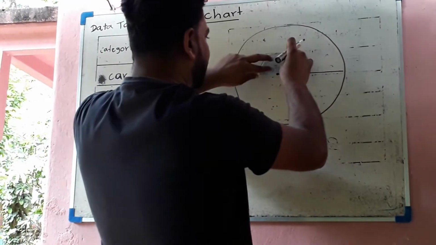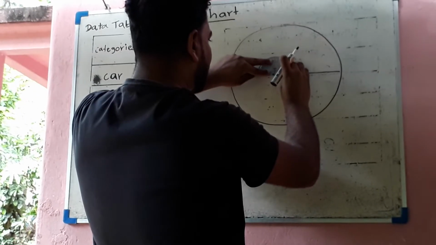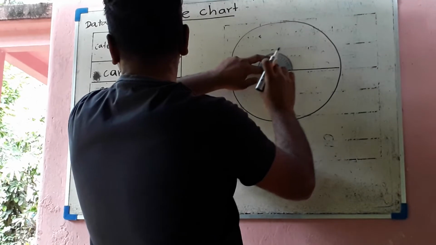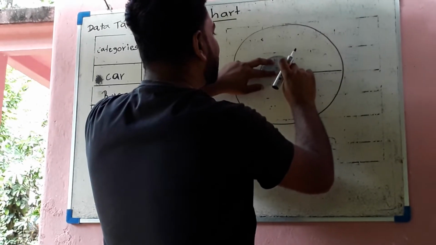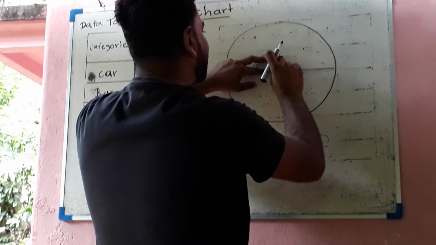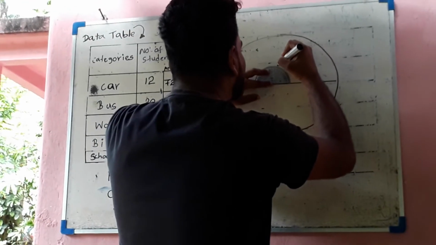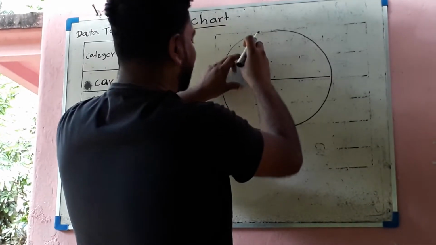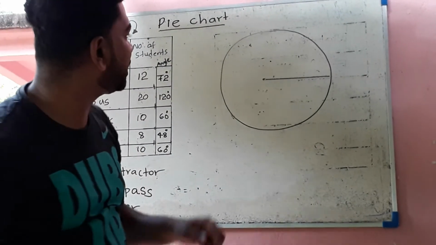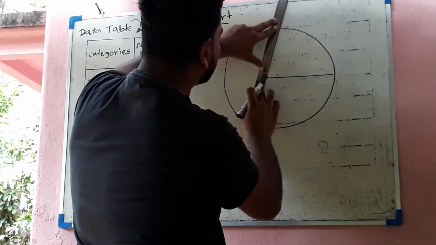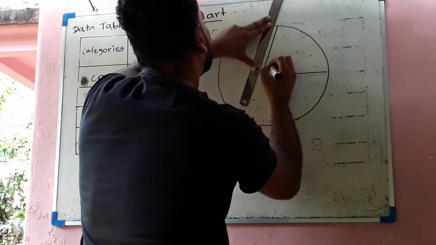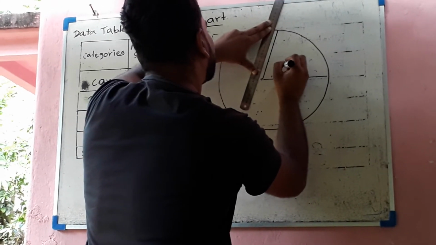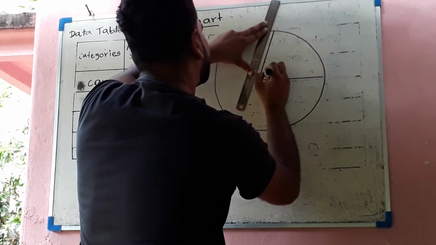I keep it like this. Now for the car, 72: you need to take 10, 20, 30, 40, 50, 60, 70. 72 is this point. Then let's draw the line. Here 72.